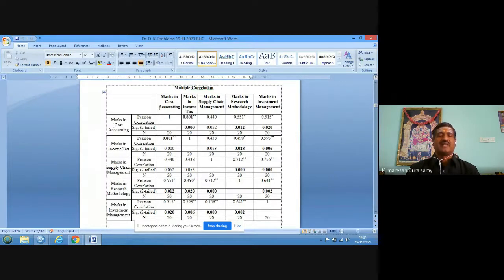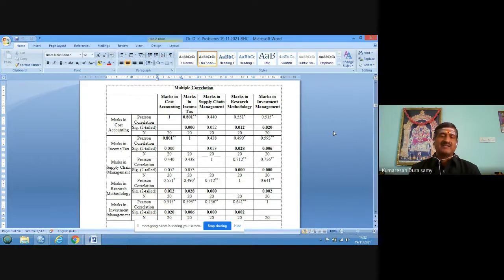Bivariate means 2 variables. See, marks in cost accounting versus marks in cost accounting. Same. How can it differ? It is the same. That's why the Pearson's correlation coefficient is 1. If it is 1, what did I say? These variables are perfectly correlated.